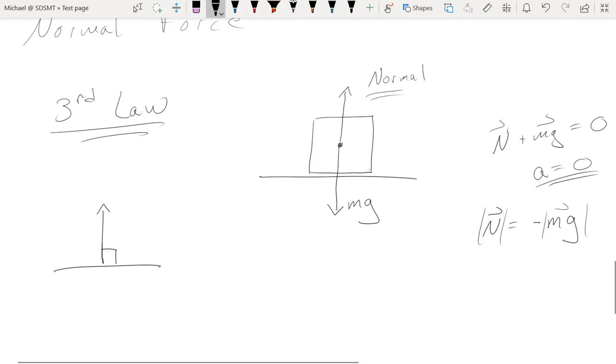So our surface, we have a horizontal flat surface that our mass is sitting on, and as our mass presses down onto that surface with the weight, the surface in turn has to push back on the mass.